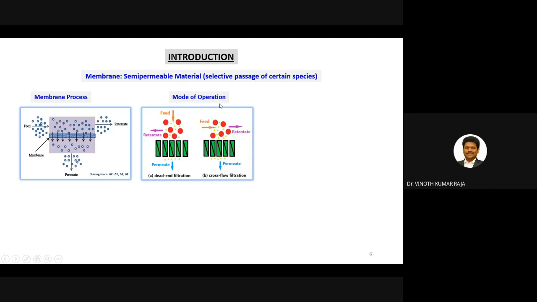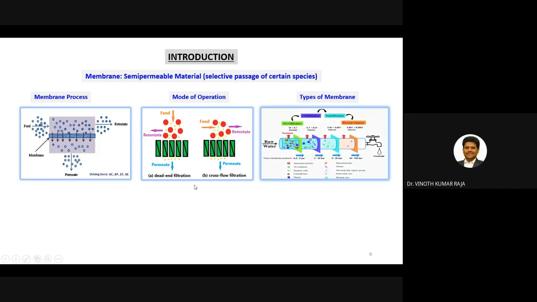This is highly preferable since it gives less fouling compared to the dead-end filtration arrangement. Cross-flow involves less accumulation of solid particles on the membrane and is highly preferred for industrial purposes. But in both cases, the separation occurs basically by the semi-permeable membrane.